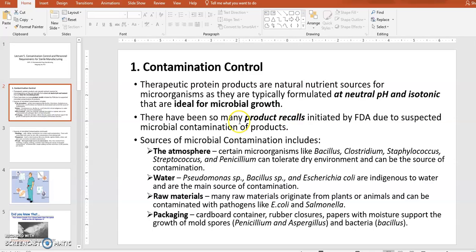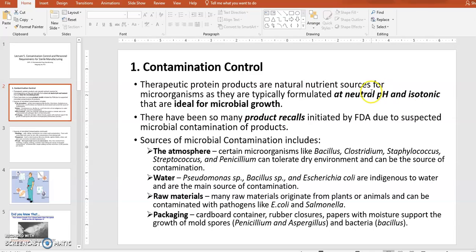Okay, so contamination control, of course. The reason why is that therapeutic protein products, injectable drugs, contain natural nutrient sources for microorganisms to grow in, because injectable drugs made out of proteins should be kept at neutral pH, isotonic condition, with the buffers and the 20 millimolar salt.